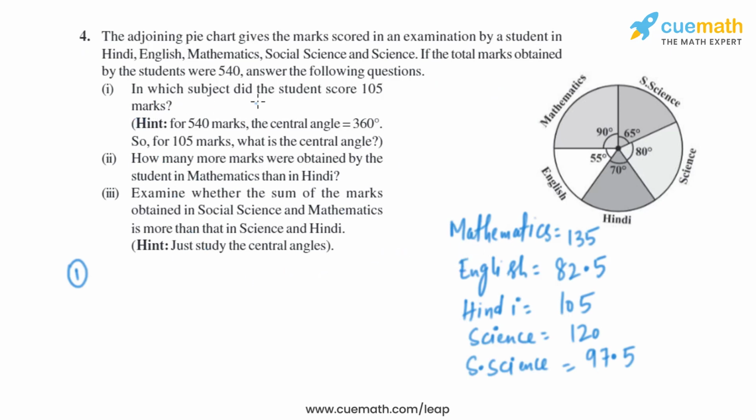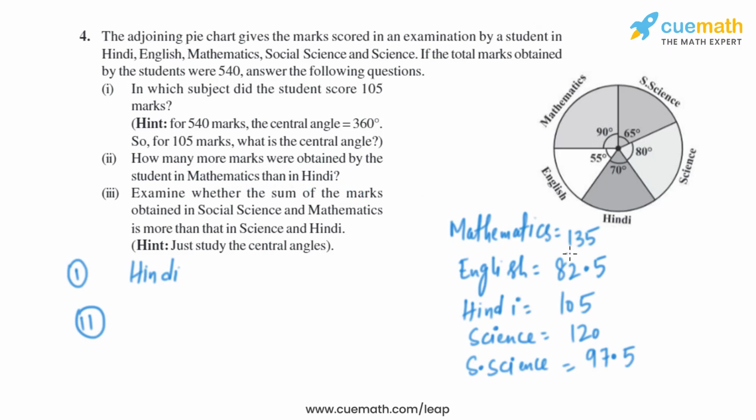Now we can do the first part easily. In which subject did the student score 105 marks? So as we can see that in Hindi the student scored 105 marks. Now let's move on to the second part of this question. It says, how many more marks were obtained by the student in mathematics than in Hindi?